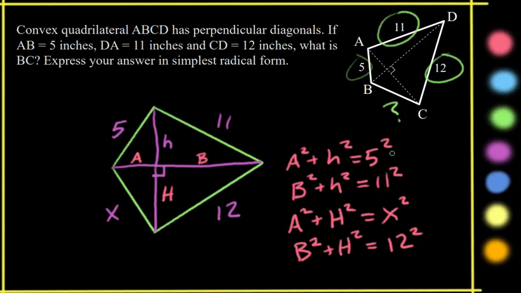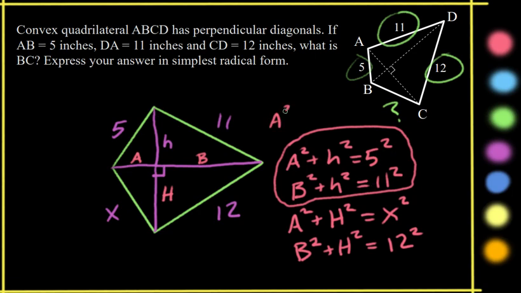Basically, what we can do is compute the difference between a squared and b squared from these formulas. If we subtract these two formulas, the little h squared will cancel out. So we get a squared minus b squared equals 5 squared minus 11 squared.